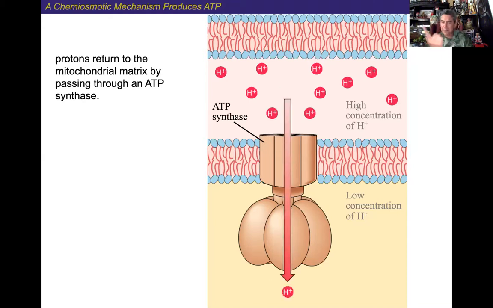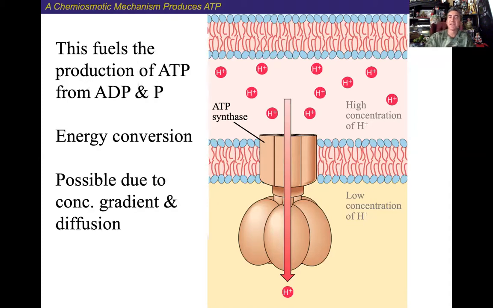And it will kind of spin this thing like a turbine. And in that process, it gives us enough kinetic energy to load a phosphate to ADP to form then ATP. So I'm simplifying here a little bit. It's an intricate process, but very critical for the formation of about 32 ATPs in humans.